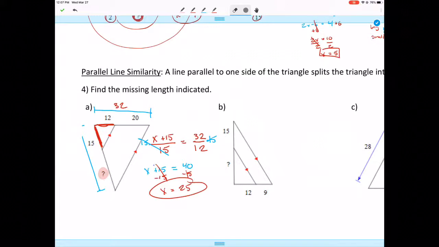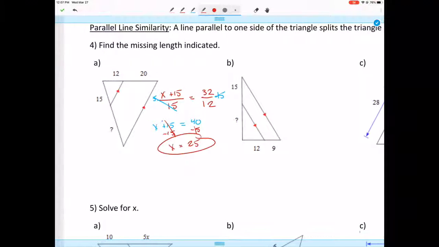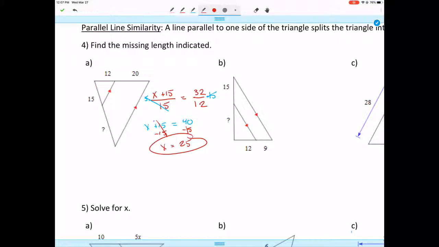All right, so that's one way you can do it. And that's the same way I've been teaching you how to do it the whole time. So if you're happy keeping it that way, that's great. Another way you can do it is when we have these parallel lines, we can find the question mark: x divided by 15, so the proportional side would be 15, equals 20 divided by 12. So this is a lot less work.